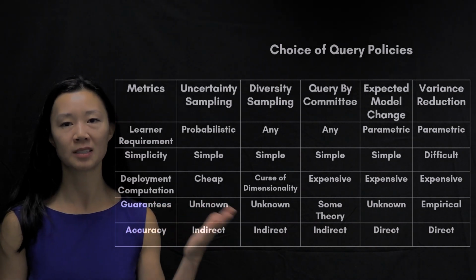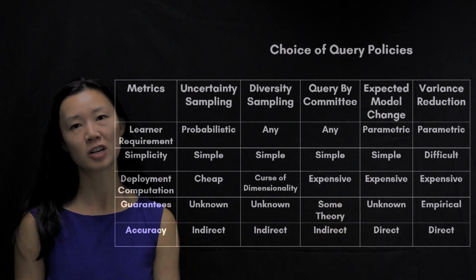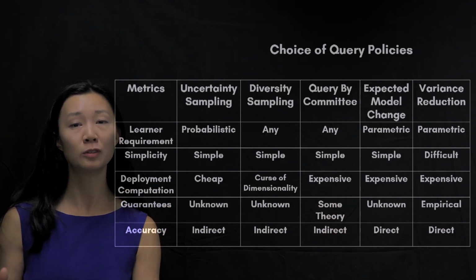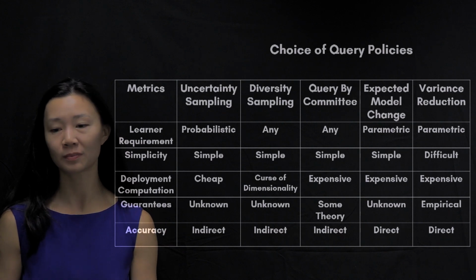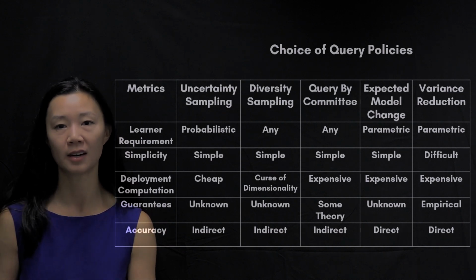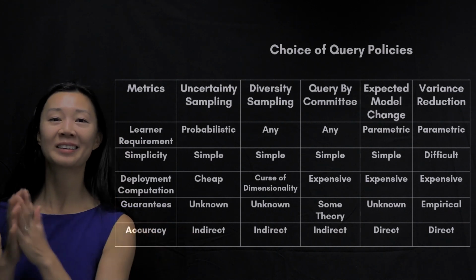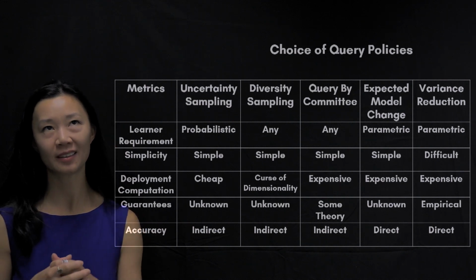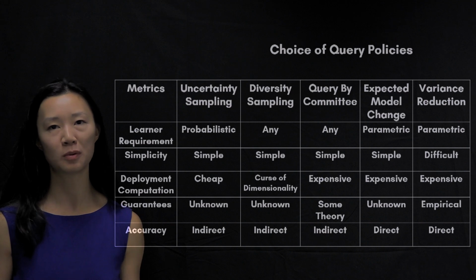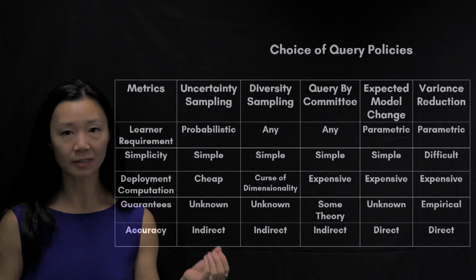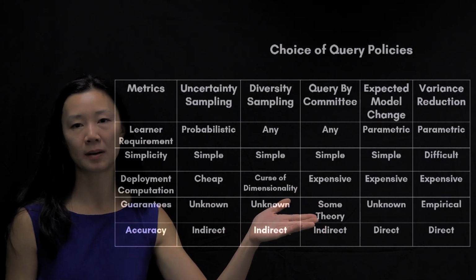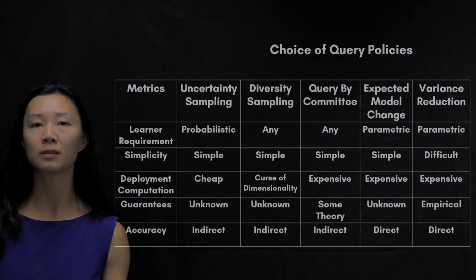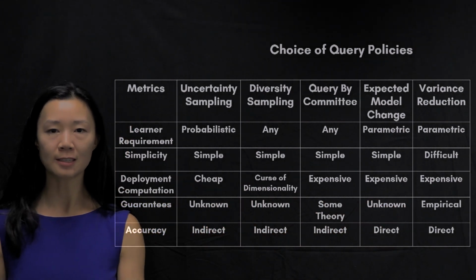So for uncertainty sampling, diversity sampling, and expected model change, I didn't find any literature that proved model performance or policy behavior. So maybe you could come up with some guarantees. If you could do that, that would make the adoption of active learning much broader. But thankfully, we do have some headway in query by committee. There's some theory about that, and variance reduction does have some empirical observations on guarantees.